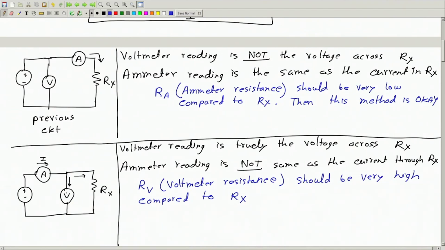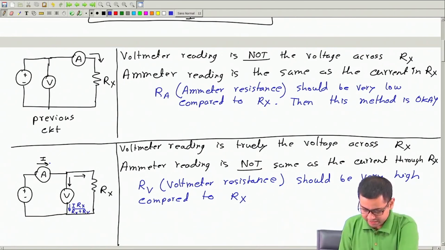Why compared to Rx? Because if Rv is very high compared to Rx, then most of this current I will flow through Rx and very little current will go through this voltmeter, because according to the current divider rule, the voltmeter current we can write as I multiplied by Rx divided by Rx plus Rv. Now if Rv is very high, then this current will be almost equal to 0, and the current through Rx, according to the current divider rule, is I multiplied by Rv divided by Rv plus Rx.